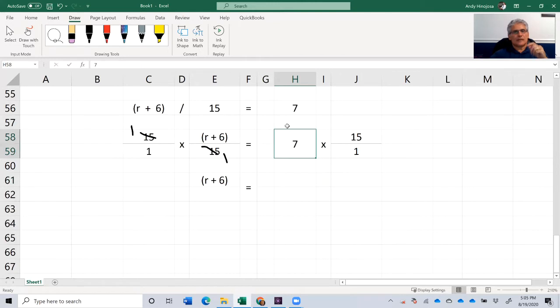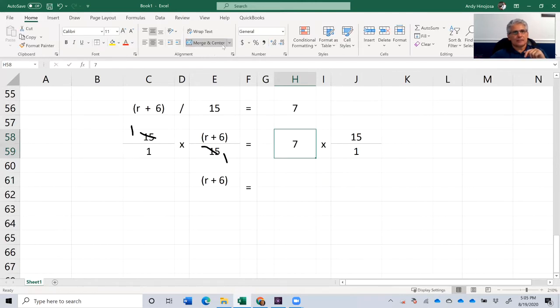I'll go ahead and fix this so that it looks a little more like real mathematical notation. It makes it easier for us to solve. I'll make this 7 over 1. All right, so 1 times 1 is 1. What this is really saying is 7 times 15, which is 105. 105 over 1, but you know that 105 over 1 is 105.